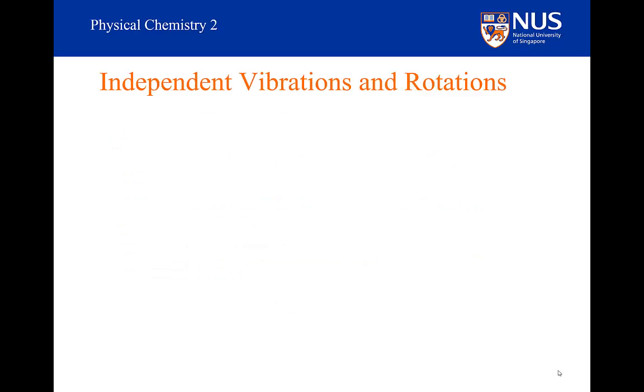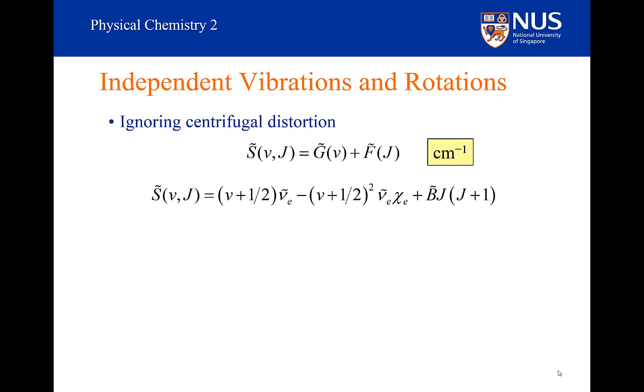Although I have already mentioned that there is some coupling between the vibrations and rotations, let's start by considering them to be independent. So we will ignore centrifugal distortion to reduce the amount of maths. We can always include it later. If I want to know the energy of a molecule that is in the V vibrational state and the J rotational state, it literally is just the vibrational energy plus the rotational energy.